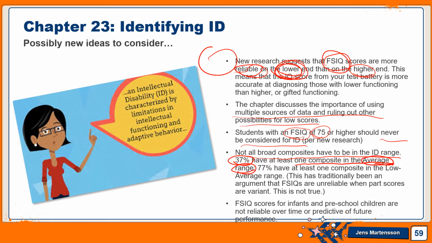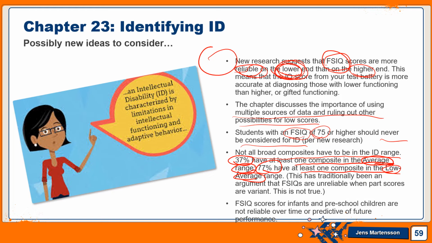Oftentimes, this might be visual processing or one of the easier things like processing speed, and they'll actually have a 90-something in one of those composites. 77% have at least one composite in the low average range, so in the 80s. GLR might be a little higher, something like that. So just because all of the composites are not below 70 doesn't mean that they don't have ID.